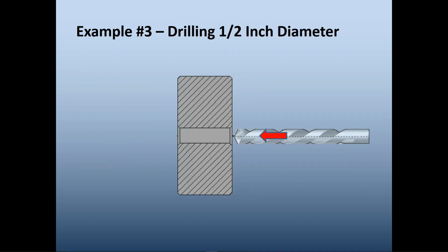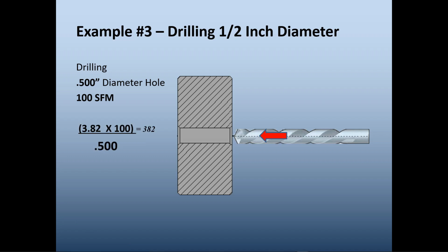Our third and last example right here is going to be a drilling operation, and it will be for a 1/2-inch diameter hole at 100 surface feet per minute. Unlike the two previous examples, turning and boring with a carbide cutting tool, this drill is just a high-speed steel drill bit, so the surface feet a minute is much lower, 100.